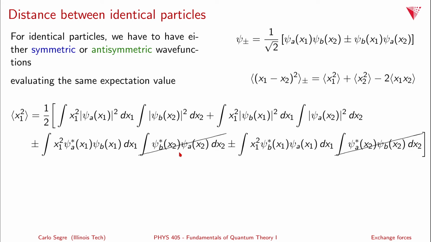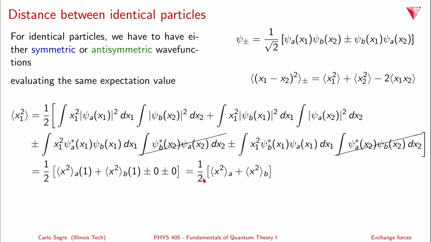And so you have 1/2 times the expectation value of x squared in state A times 1, plus the expectation value of x squared in state B times 1, plus or minus 0, plus or minus 0, which makes 1/2 times the expectation value of x squared in the A state plus the expectation value of x squared in the B state.